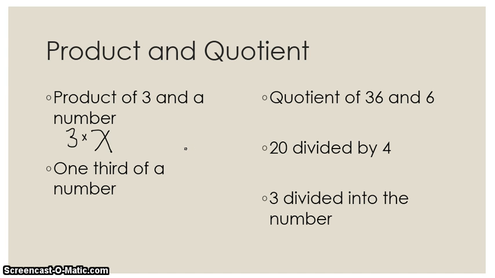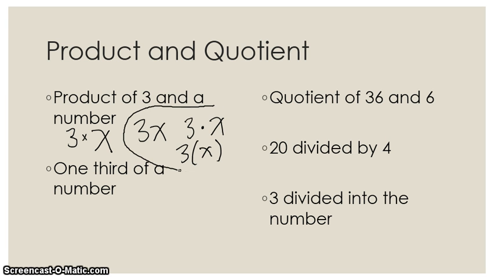Okay, product of 3 and a number. If you want, you can write it like this, 3x, or like this, or like this. All of those things mean 3 times x. That's all it is. Try to write it more like this, because that can tend to look confusing, because this is x and this is x.